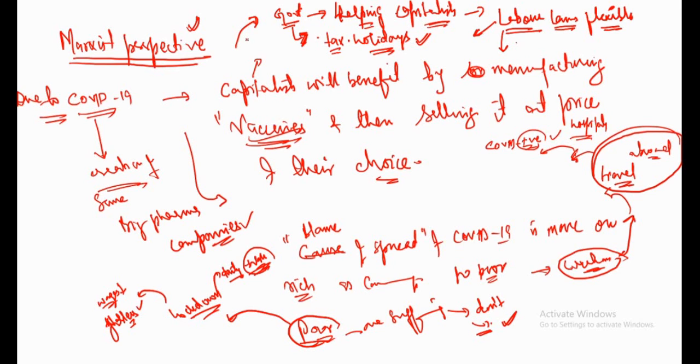You can make other points also, but I will be dealing with it briefly because the video is already very long. Second is the functionalist perspective, or structural functionalist perspective.